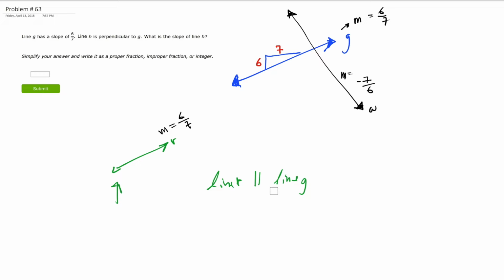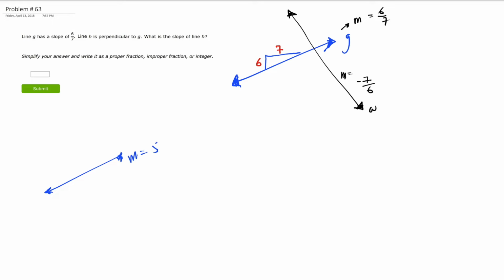Now, the only other tricky thing about this concept is if you have a slope of like 5. Let's say this line right here, m equals 5, and I have this line over here that's perpendicular to it. m equals what?